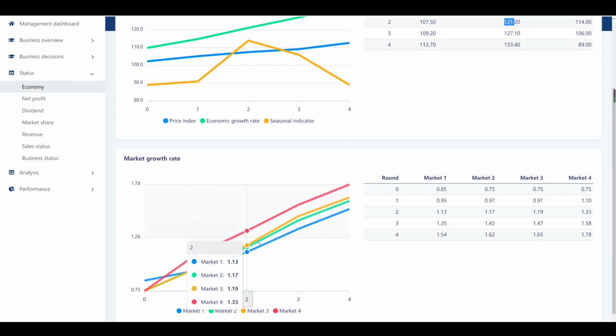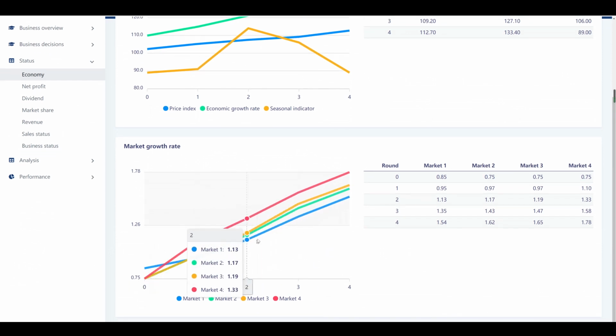And the market growth rate graph will show you the differences among markets. And you can look at those figures and use it as reference. In another word, if decisions made by different teams remain the same and not to consider other factors for the decisions, we can see that the market is growing.